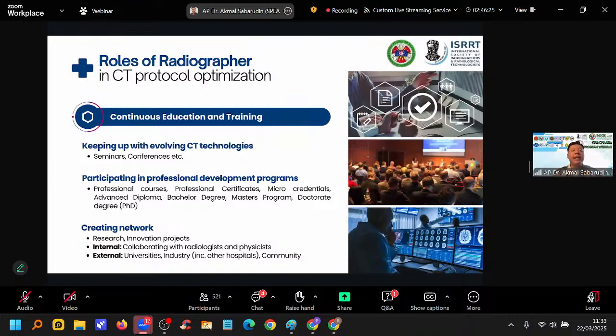Other than that, you can participate in professional development programs, like professional courses. We have a lot of professional courses and professional certificates, like Fujifilm, they have an advanced learning center. They created FAHLA, and they put it in a few universities.